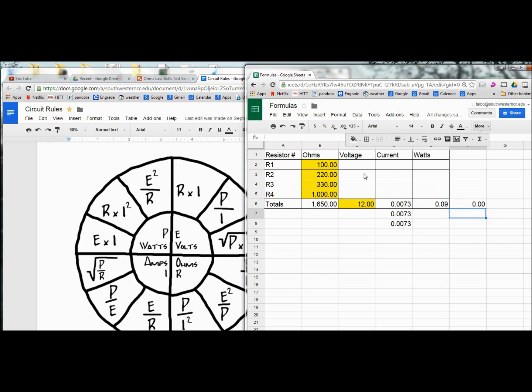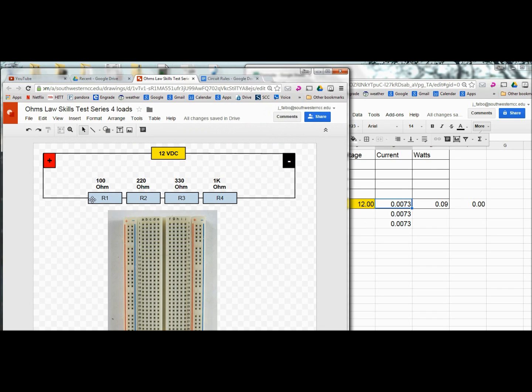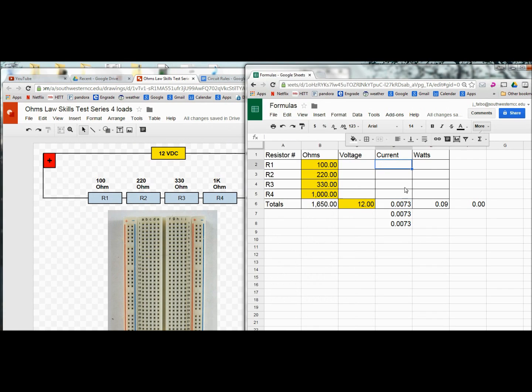Okay, enough of that. Let's get down to solving this circuit. So I know that the current is the same in a series circuit. No matter where I measure my current in here, it should be the same. So I'm going to tell this cell I want you to equal whatever is in this cell. Enter. Okay, I want you to do the same. I want you to equal whatever's in this cell, all the way down.